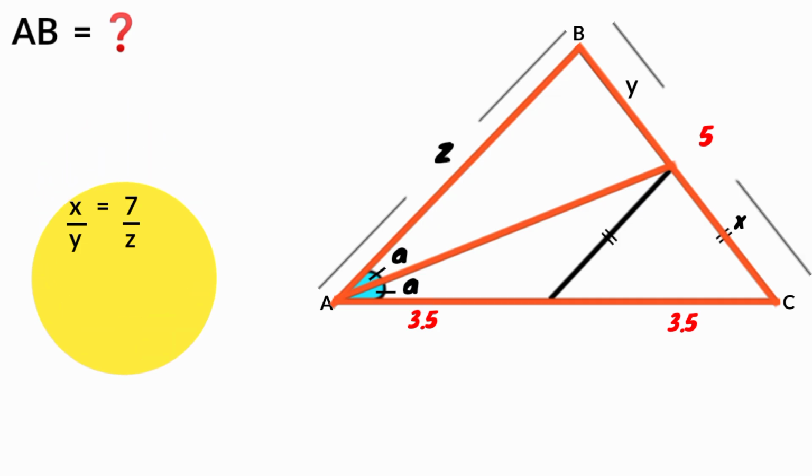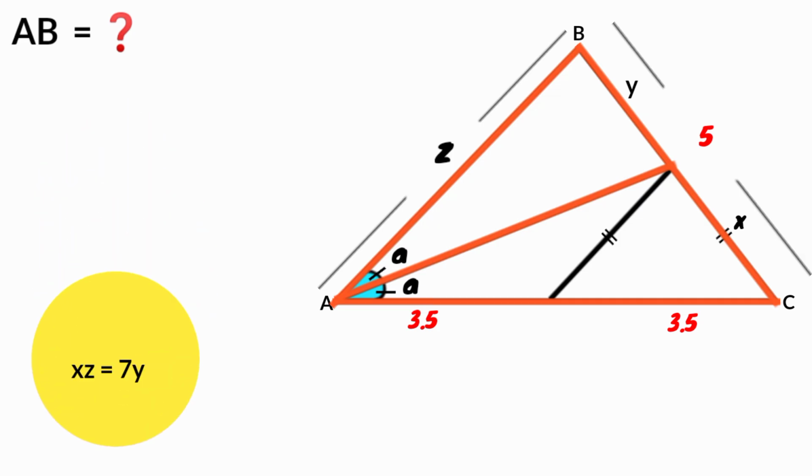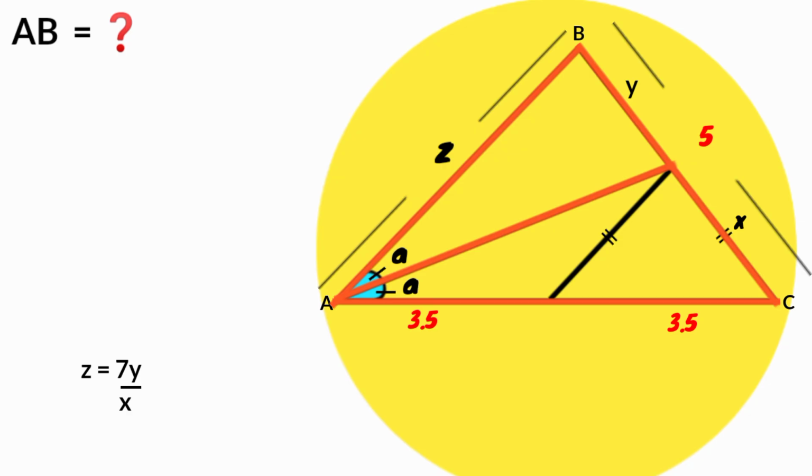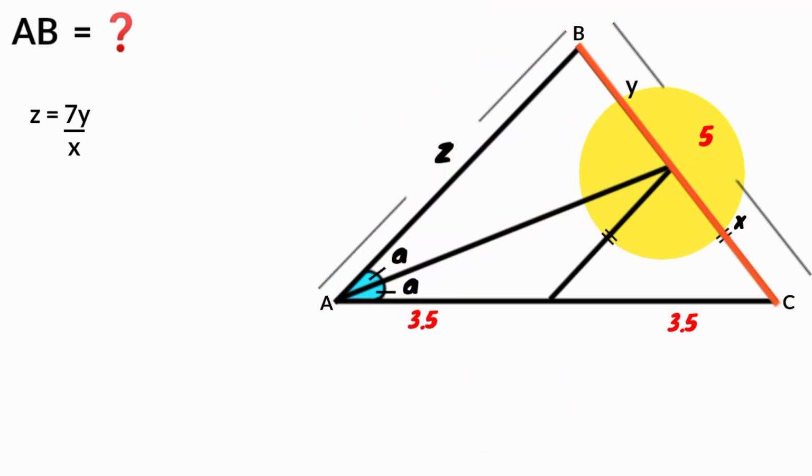Cross multiply. So xz equal to 7y. Divide both sides of the equation by x. Here x cancels x. So z equal to 7y over x. But here we see this side BC, its length is 5 units, and we have it divided into x and y. We can say x plus y equal to 5.